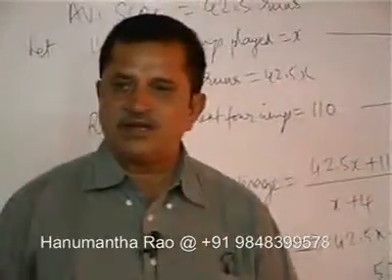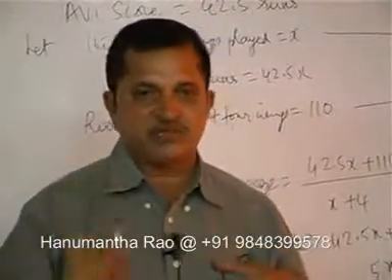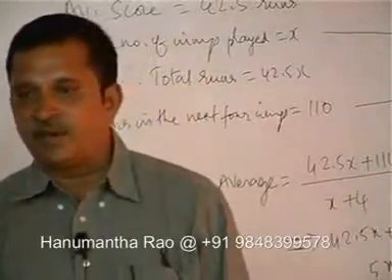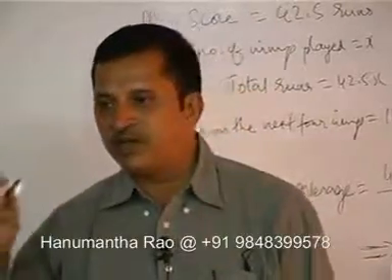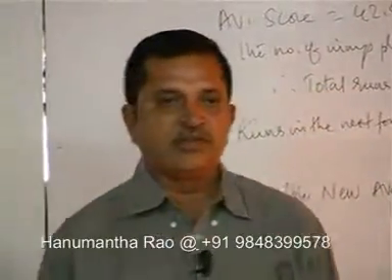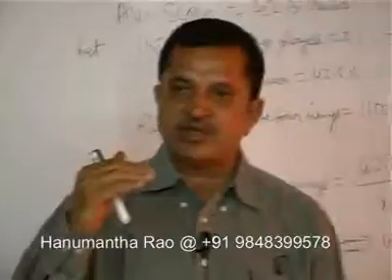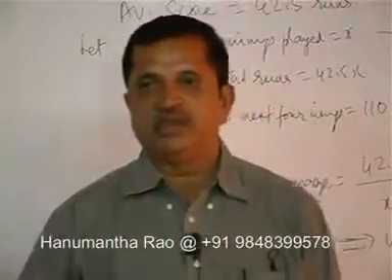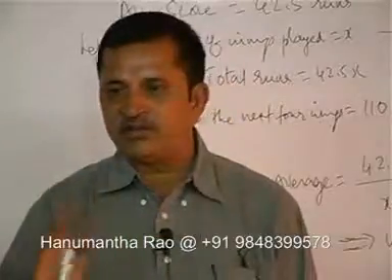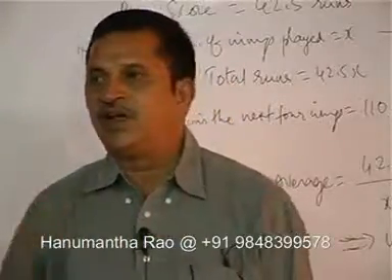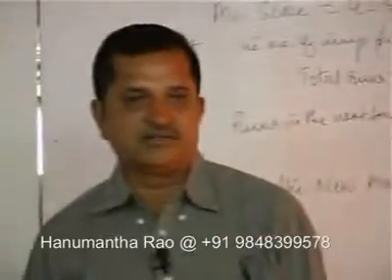On the other hand, problems on ages is also a small chapter. Take any book, you will find only 20 to 25 or 30 problems, not more than that. And you solve the problems on ages according to the textbook method only. Understand? So for that reason I have not dealt with those two, averages and problems on ages.